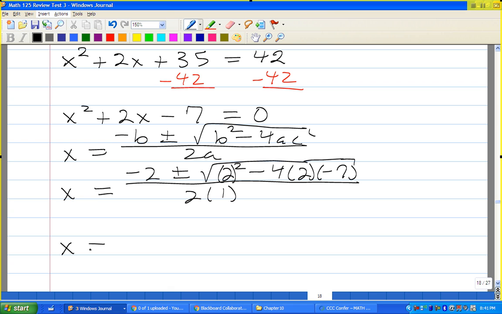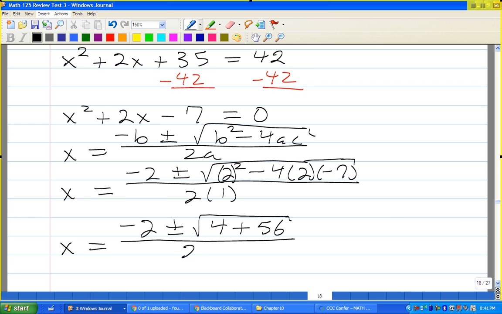So x is equal to negative 2 plus or minus the square root of 4 minus 4 times 2 times 7 is 56 all over 2.